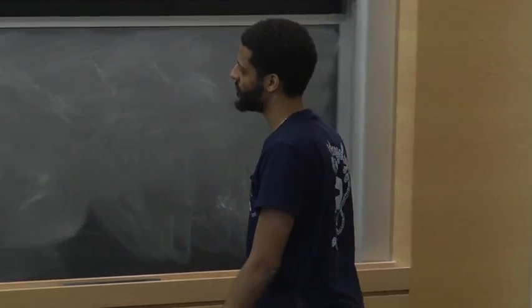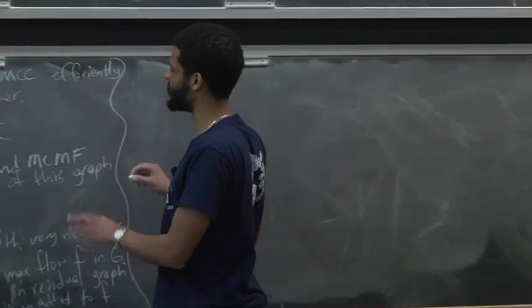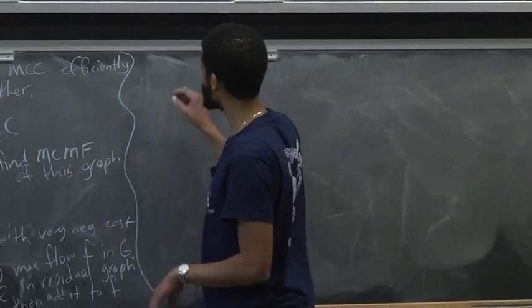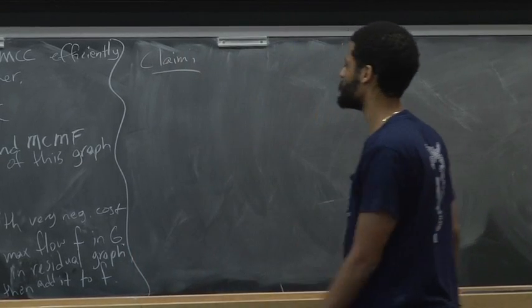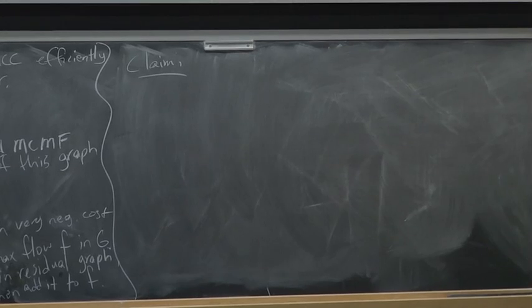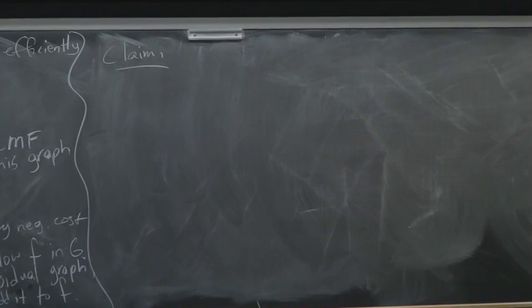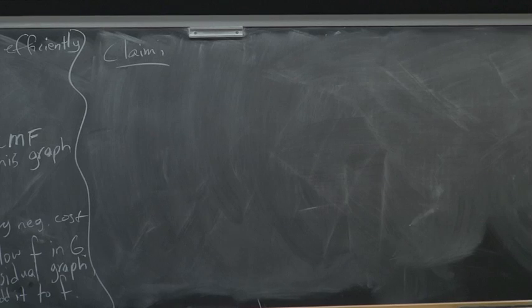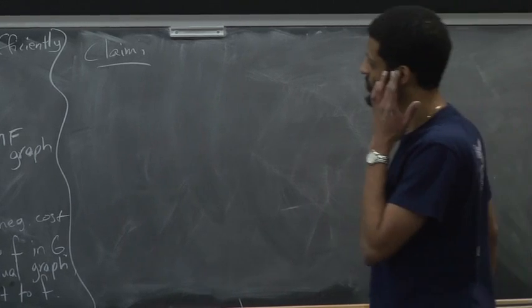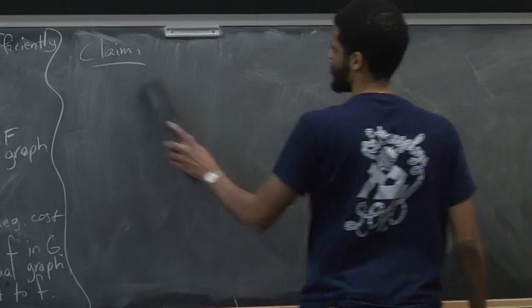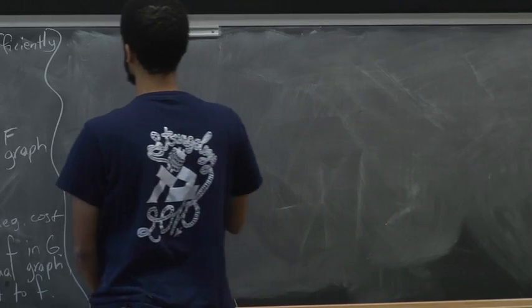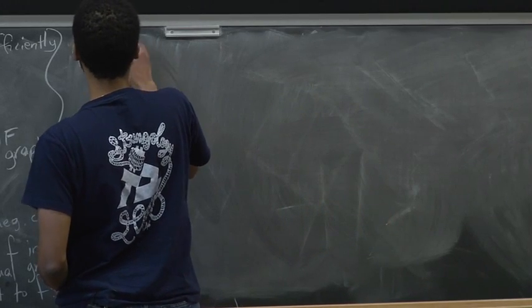Okay, good. So now let me look at MCC. Claim: we want to be able to find MCCs, min cost circulations, and one way to do it is, let me propose an algorithm for MCC, and then we have to prove that it's correct.